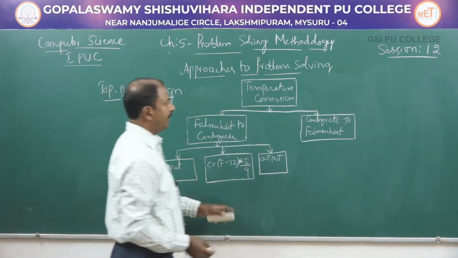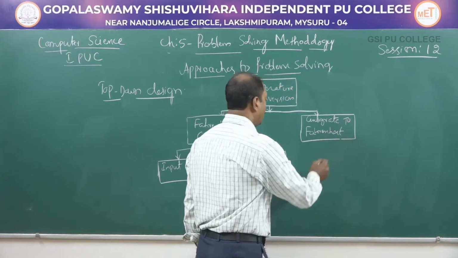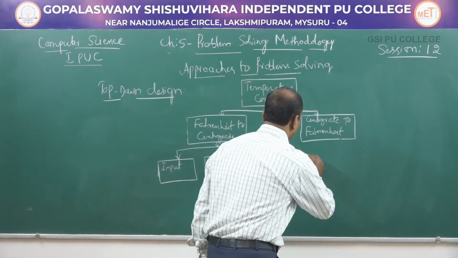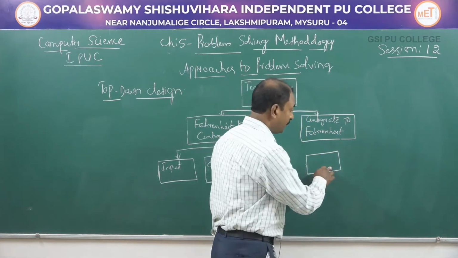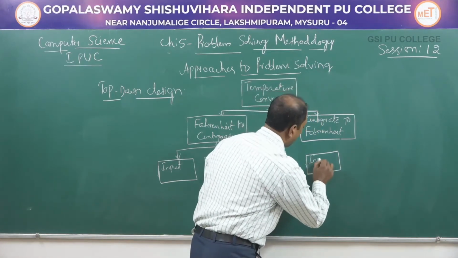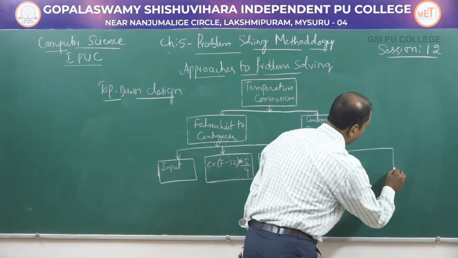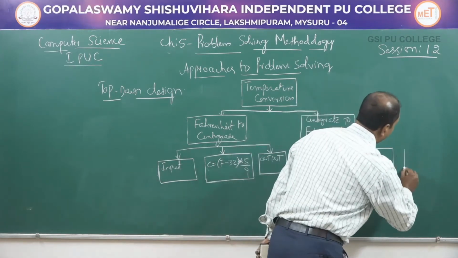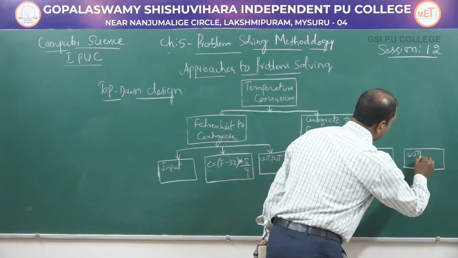On the other side, again centigrade to Fahrenheit. Here again we divide into three sections or three subproblems: one for input, the second one is processing, nothing but applying the formula, and the next one is the output section.